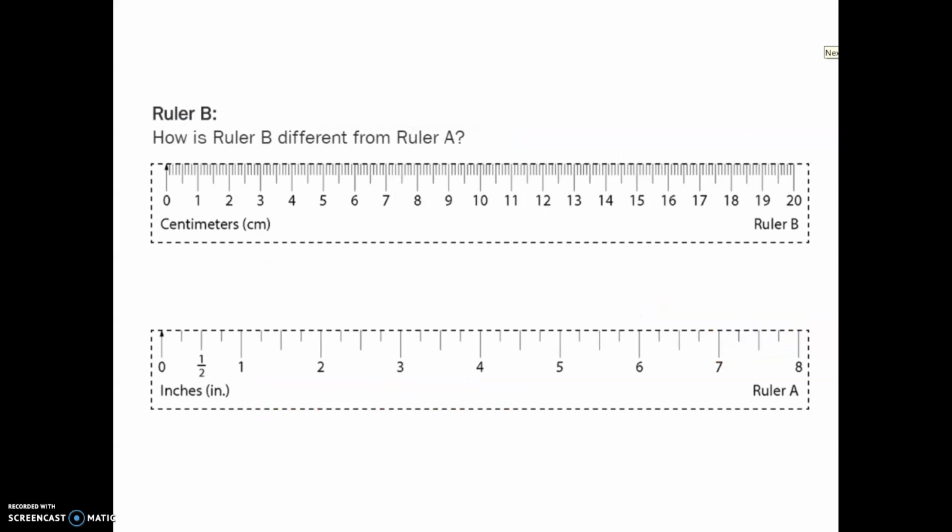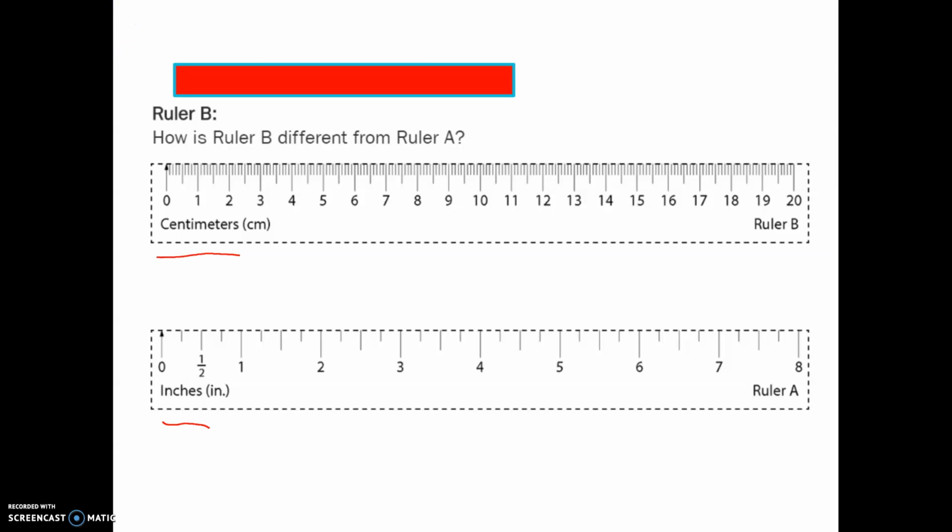Now I've got ruler B on top and ruler A on the bottom. How is ruler B different from ruler A? Well, ruler B is measuring in centimeters, and ruler A is measuring in inches.